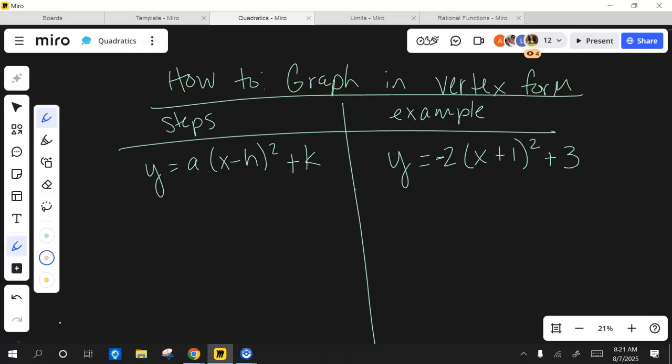So the first step would be to find and plot the what? What do you think? The vertex. Which we know is (h, k), h being opposite, k being the same.